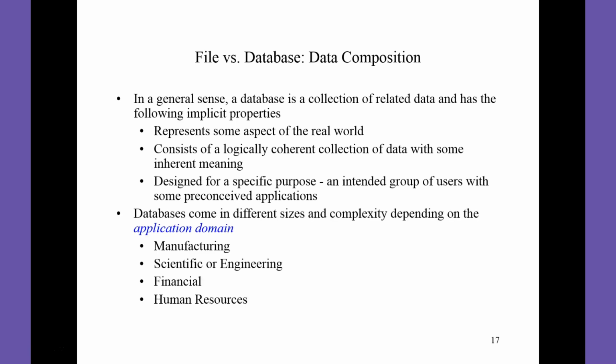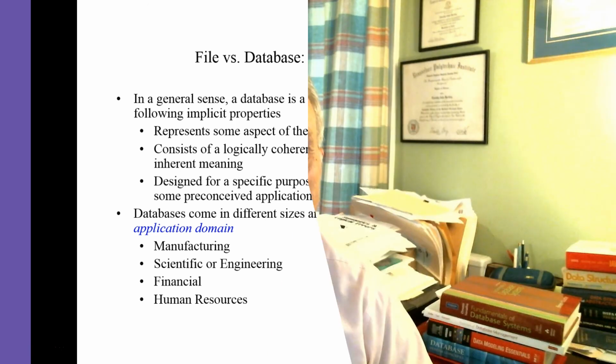Databases come in different sizes and complexity depending on the application domain. The DBMS software must work equally well with any number of database applications, as long as the database definition is stored in the catalog. In traditional file processing, data definition is typically part of the application programs.